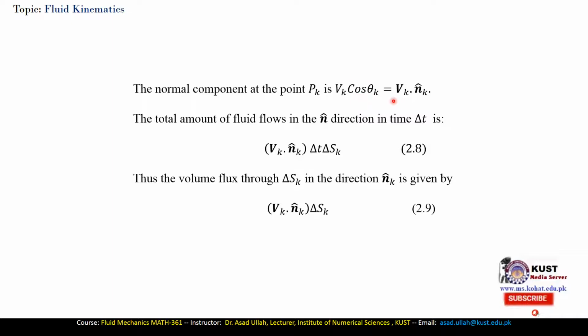That is, the angle between Vk and Nk is theta k.